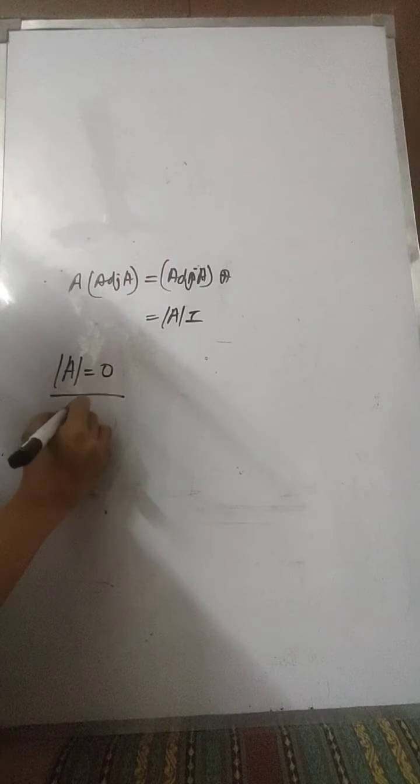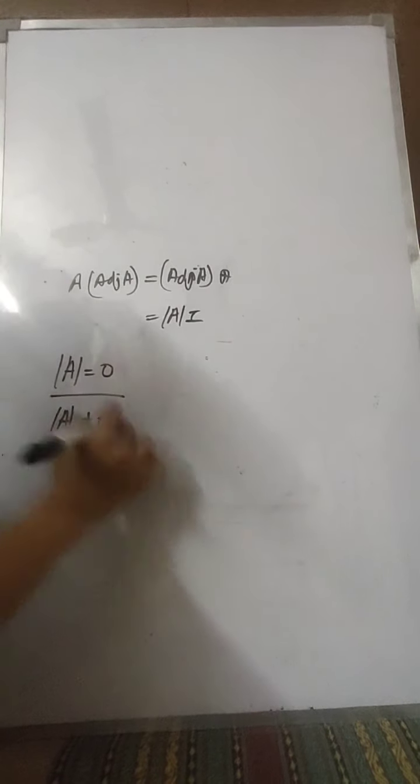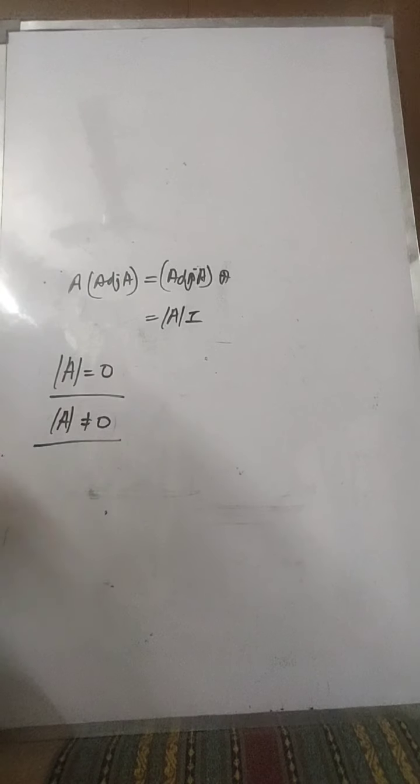If your determinant of A is not equal to 0, your matrix will be non-singular. Last point: if a square matrix is invertible, then the matrix will not be singular at all.